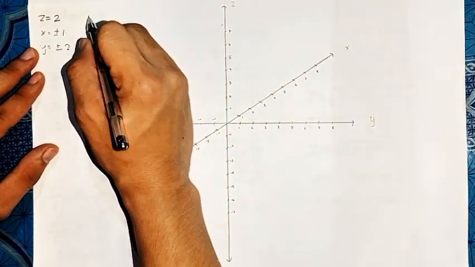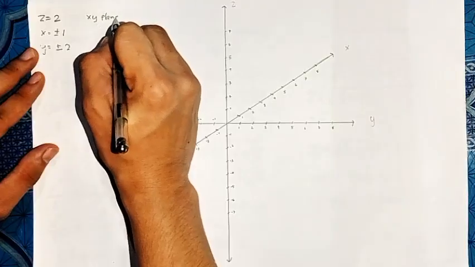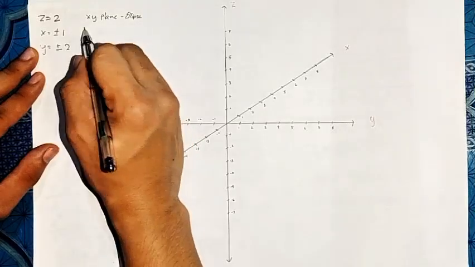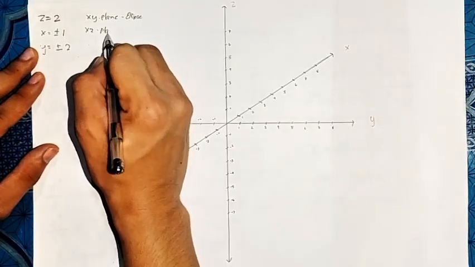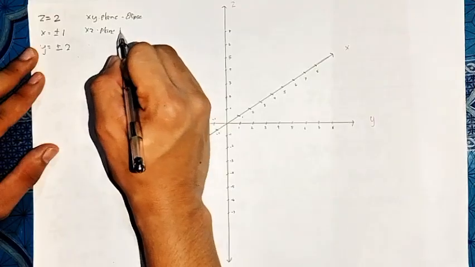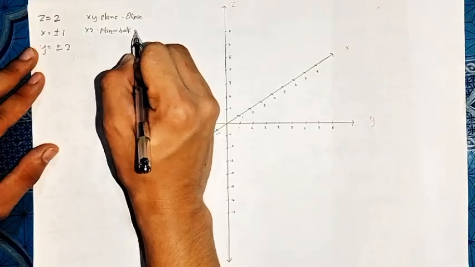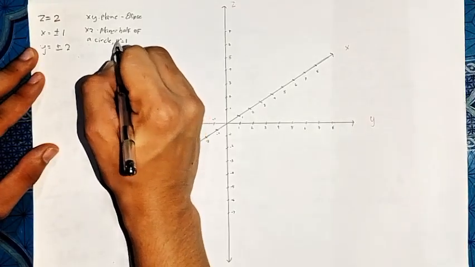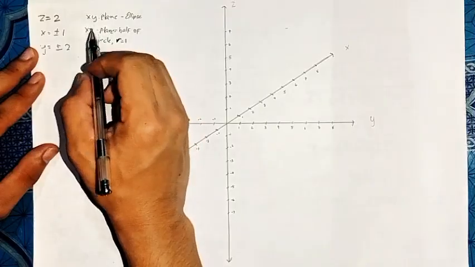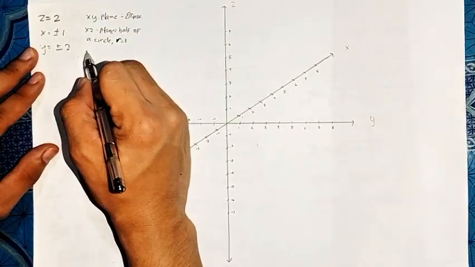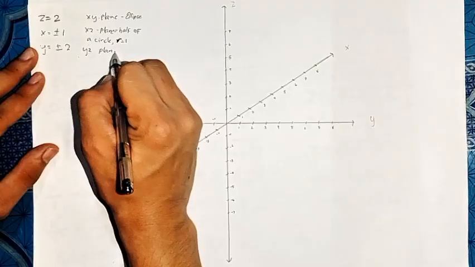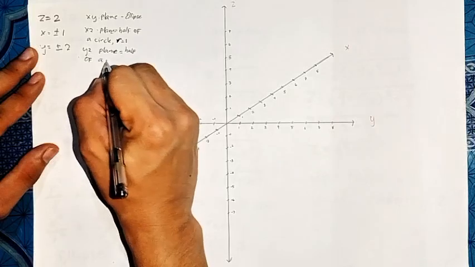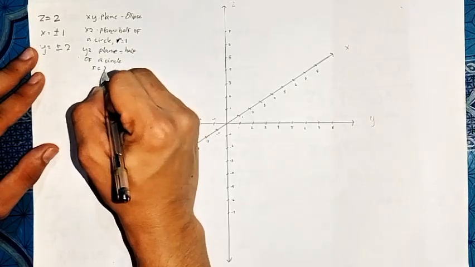And our traces: the xy plane is an ellipse, the xz plane is half of a circle with a radius of 1, and the yz plane is also half of a circle with a radius of 2.